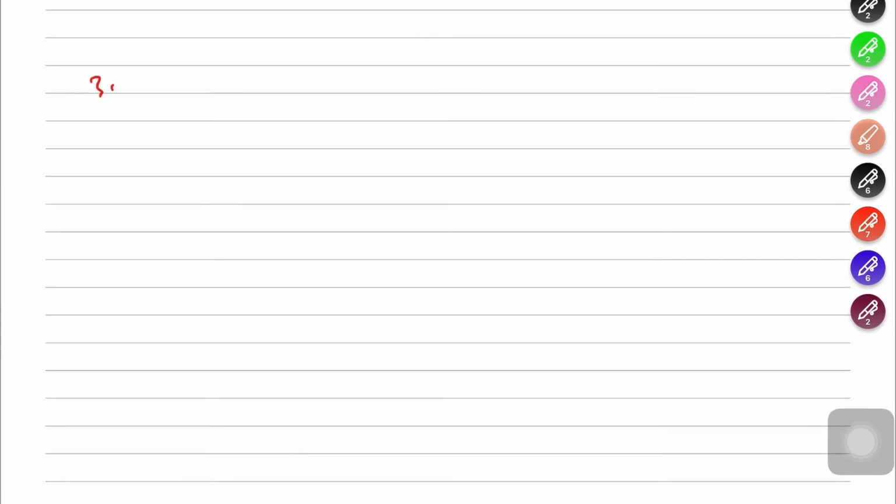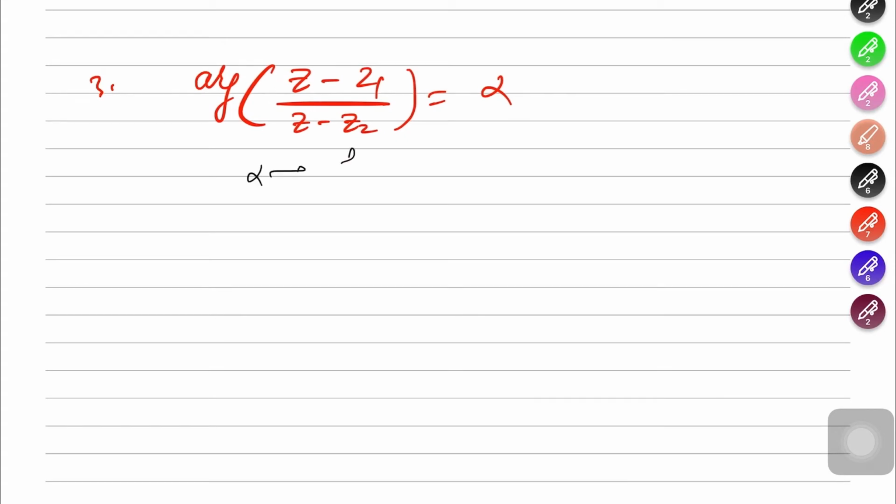Let's take the third case, very important, that is argument of z minus z1 upon z minus z2 is equal to alpha. Okay. Here again alpha is a fixed angle, z1 and z2 are also fixed, and z is a variable that determines the locus.